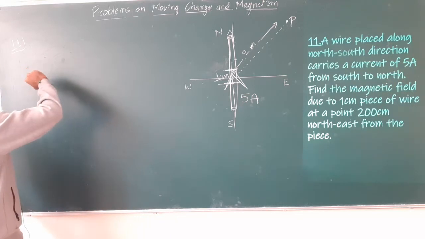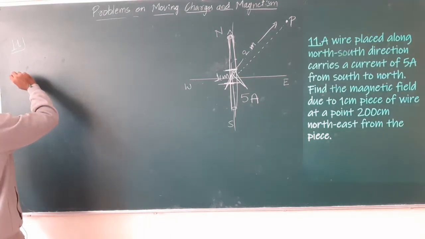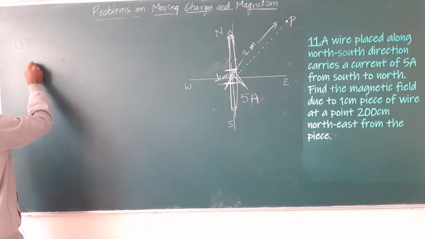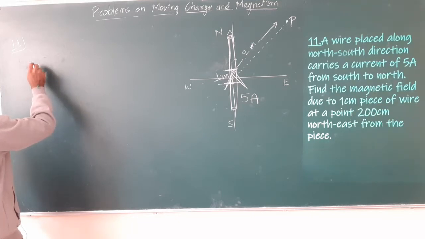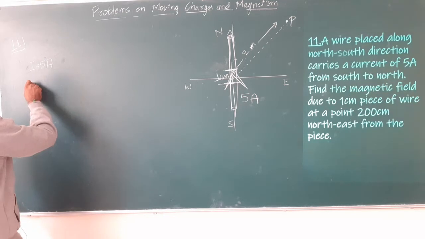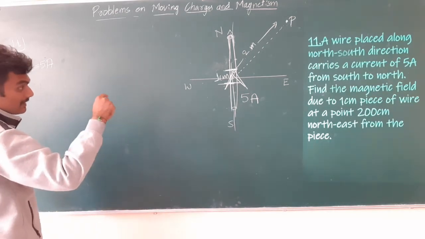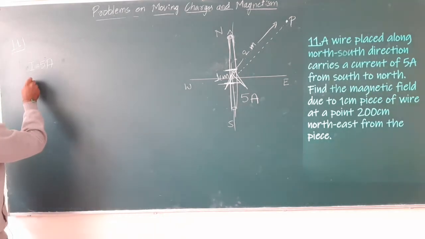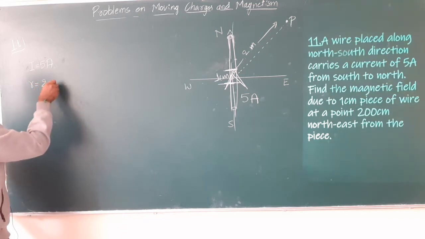And what is the given data? Given data is as follows. Current in the circuit is given. It is 5 ampere. And r, the distance from the piece to the point, which is 2 meter.